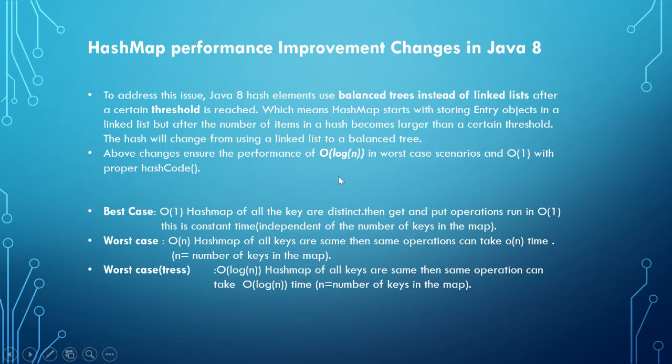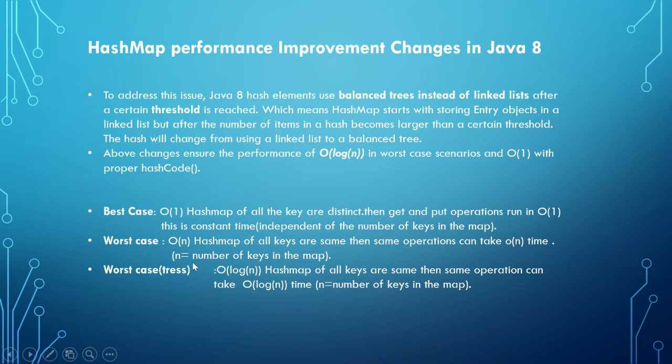The performance improves to log n in the worst case. In the best case, with a proper hash code where all keys are distinct, the get and put operations take constant time.